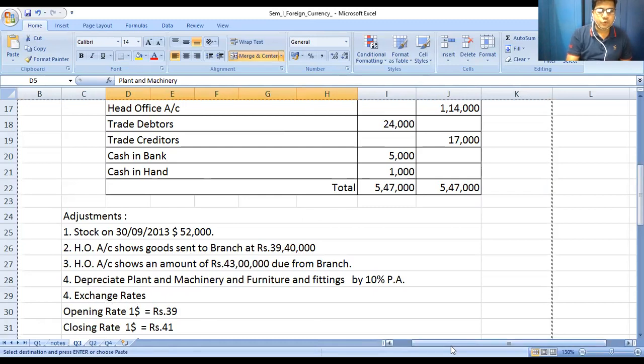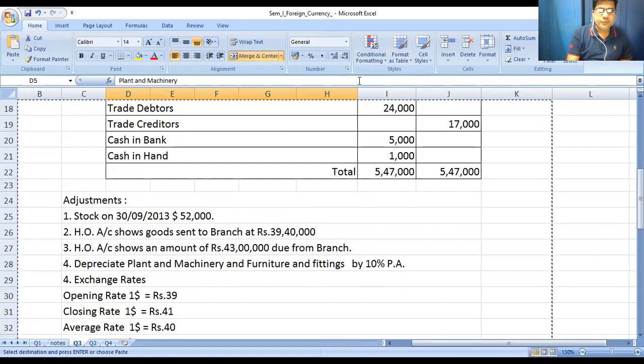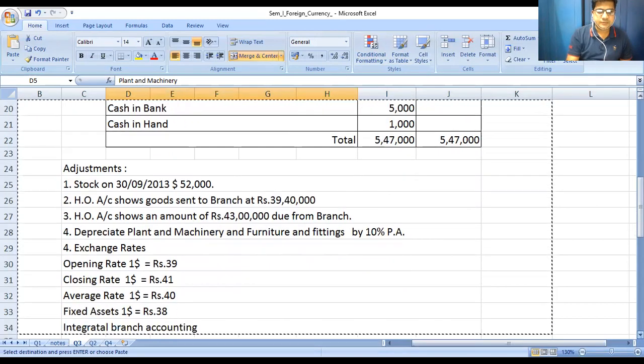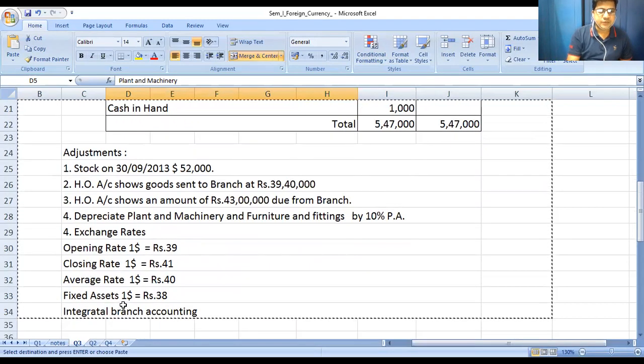Exchange rates: opening rate $1 = rupees 39, closing rate $1 = rupees 41, average rate $1 = rupees 40. Then they say fixed asset $1 = rupees 38, integral branch account.